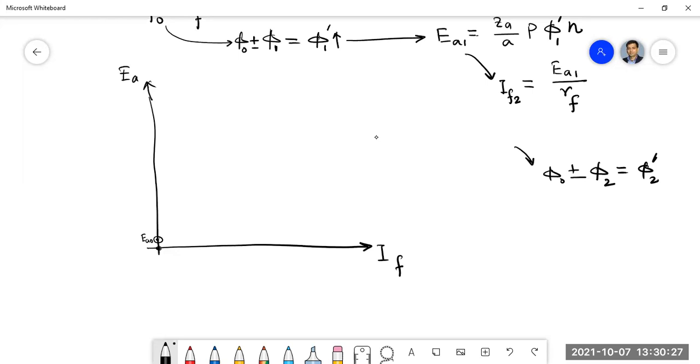Isn't it? So the first point, where should I show? In the vertical axis, because in spite of IF becoming 0, we are getting some amount of residual voltage, that is EA0. And that EA0 will generate some field current. How? এই EA0 টা কিভাবে field current তৈরি করছে?